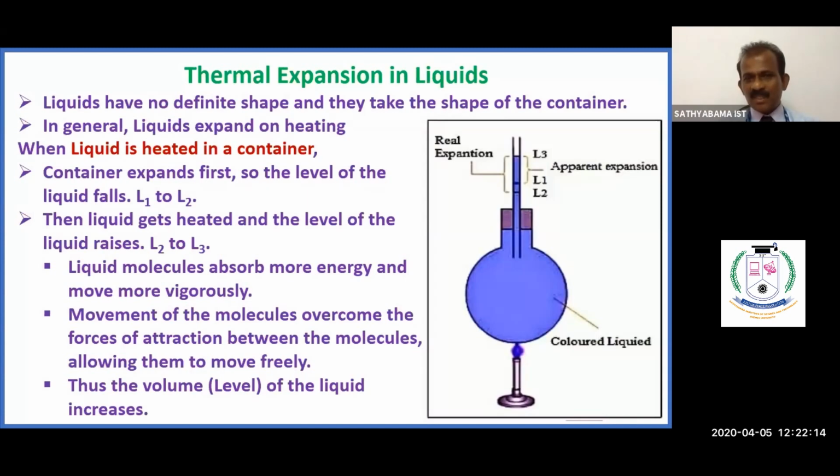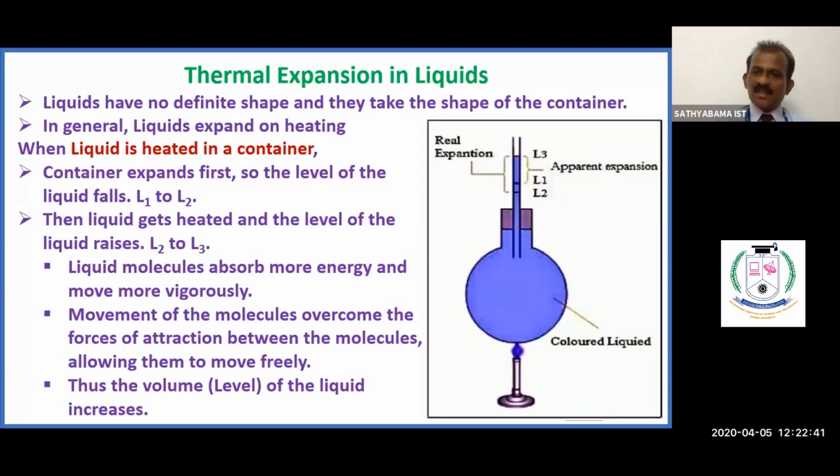One is expansion of the solid material, another is expansion of the liquid. First consider the solid material. Because of the expansion of the solid, the internal volume of the conical flask is increased. Because of this increase in volume, the colored solution liquid level decreases from L1 to L2.